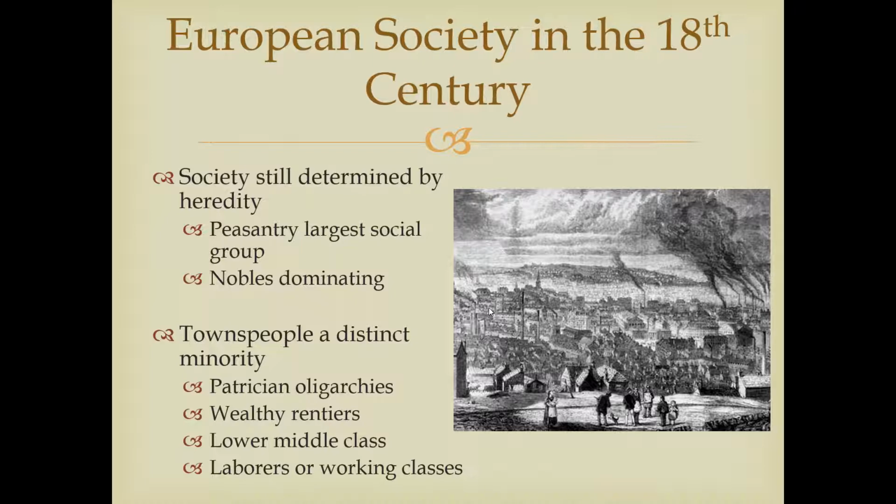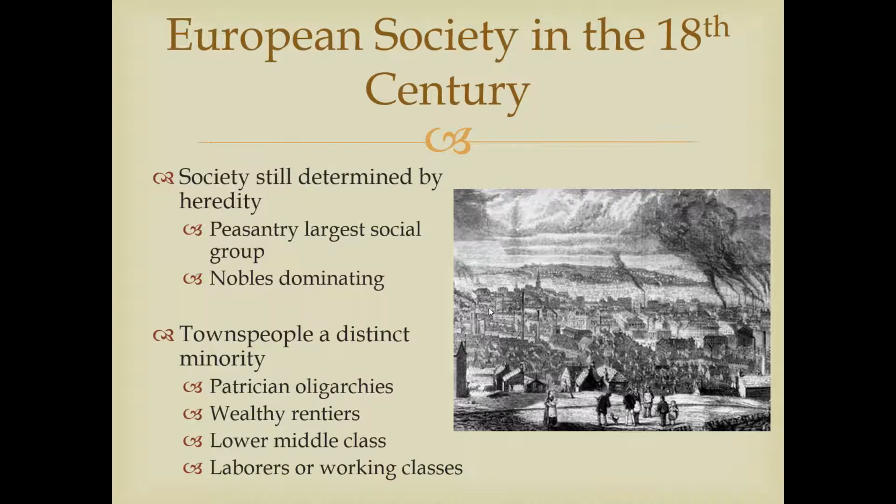And so the city becomes much more diverse as far as the people working in it. You're going to see people from all over the British Isles begin to move into the city. In mainland Europe, you're going to see people from all over the different kingdoms and countries begin to move into the city. So in that sense, the towns will become much more diverse.